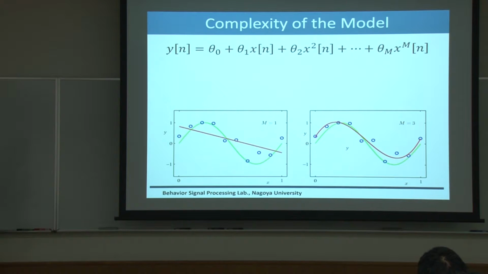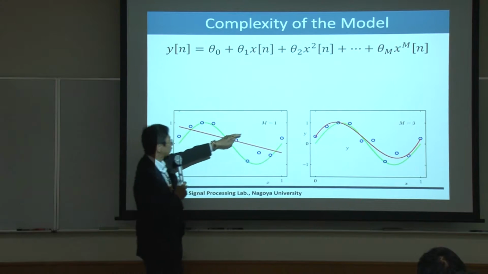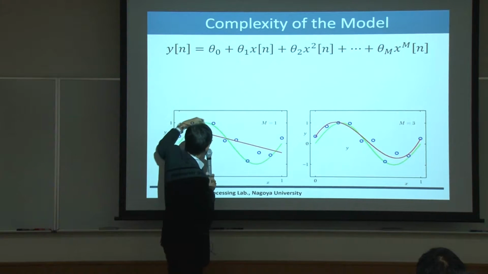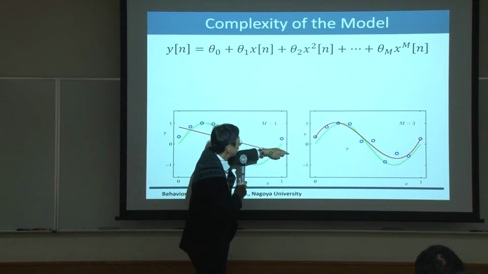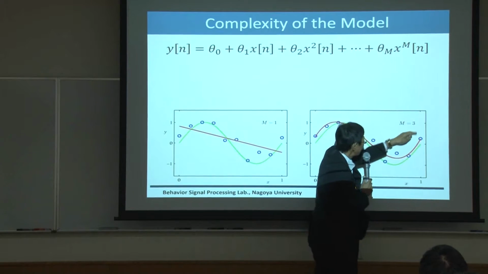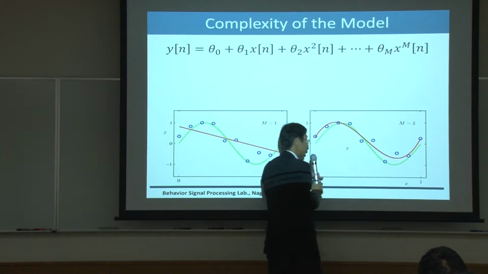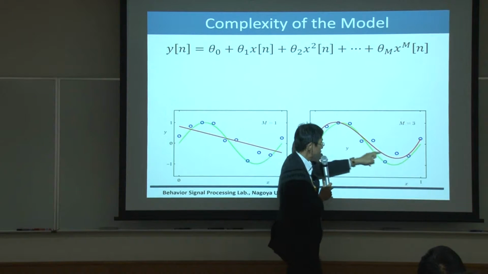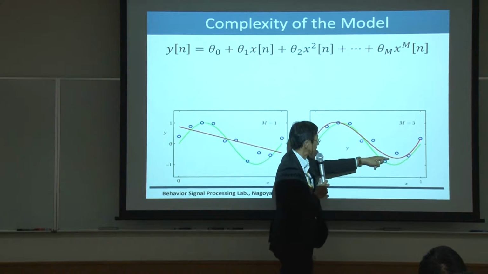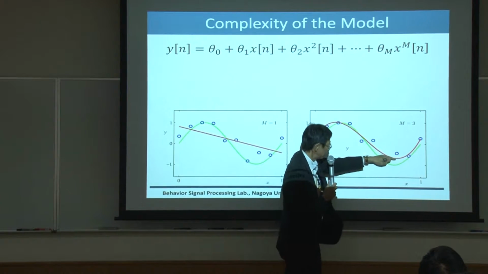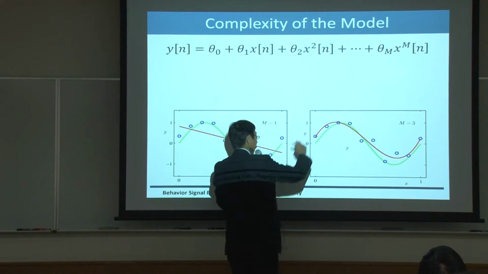For instance, if M is equal to 1, in that case, this is simply a line. But if M is equal to 3, then it has a third order polynomial, which means that we have two curve stationary points, and like this.